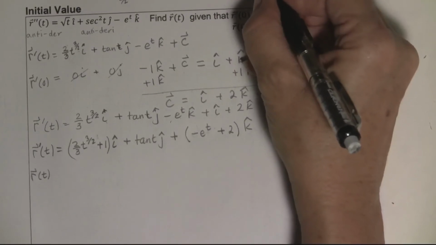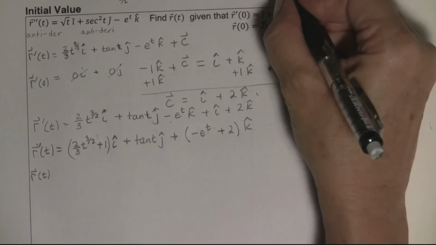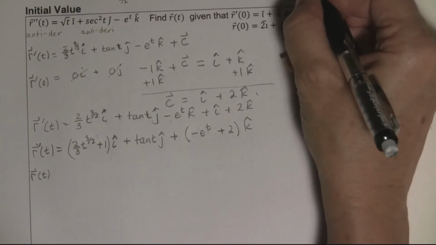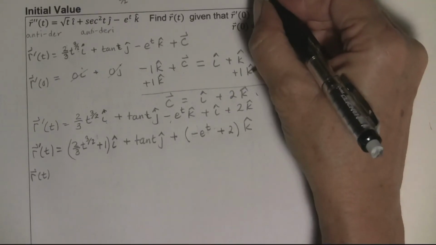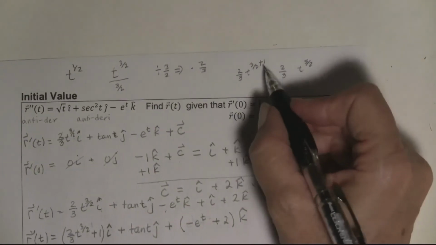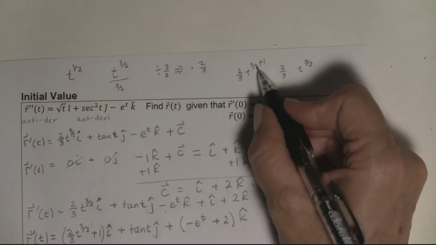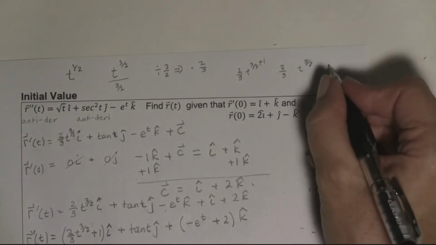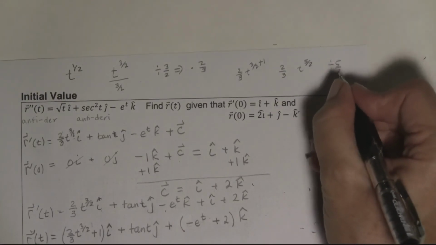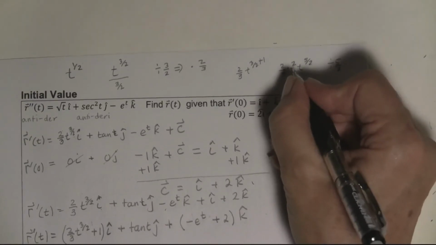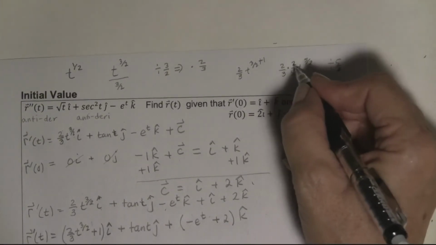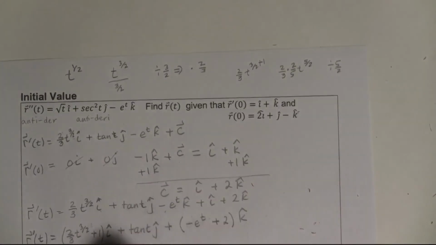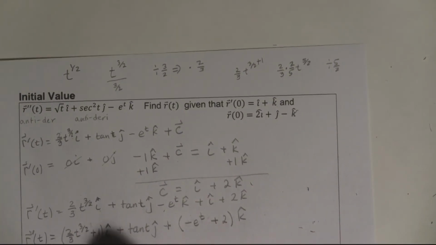When I add 1 to 3/2, you're going to get 5/2. And then instead of dividing by 5/2, I'm going to times by 2/5. So when the dust clears here, I have 4/15 t to the 5/2.